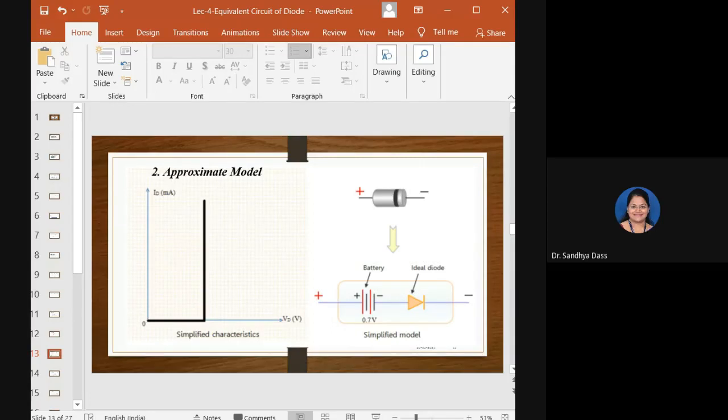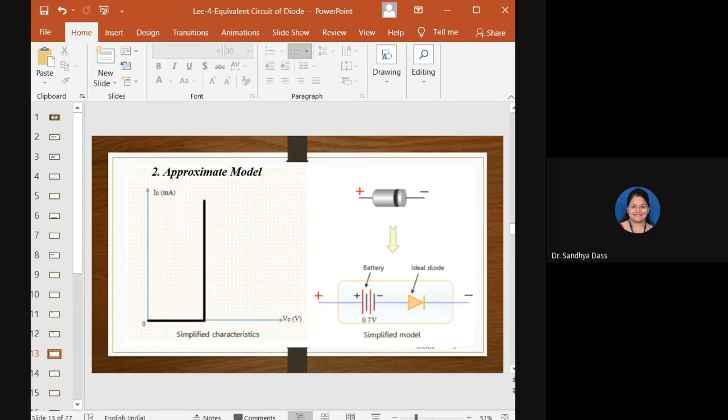Okay. So in the approximate model, we know the forward voltage drop. Typically we will assume the forward voltage drop to be a constant, and the reverse current will be ignored in this model, also called the simplified model.